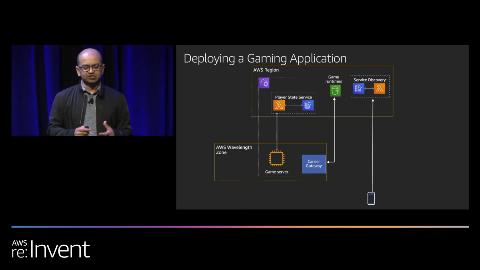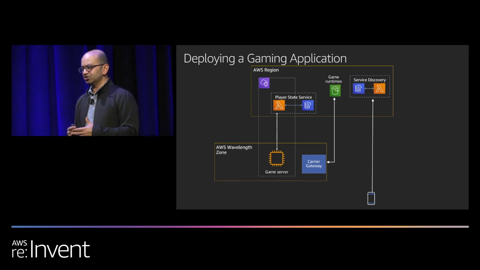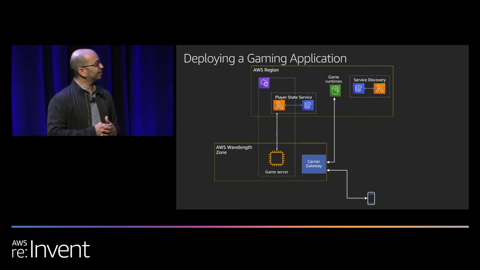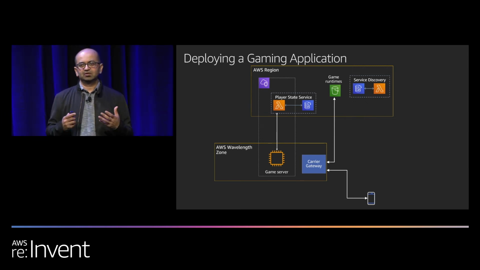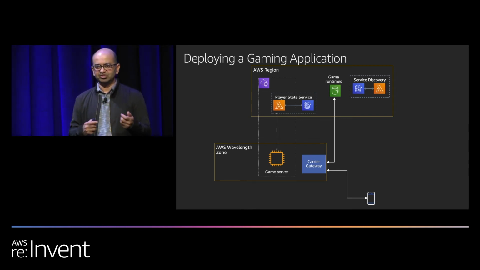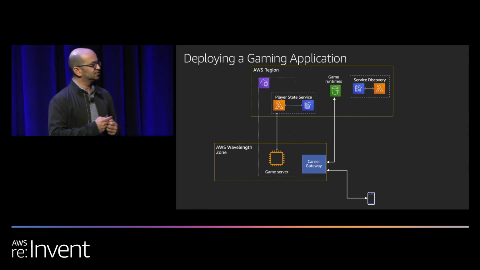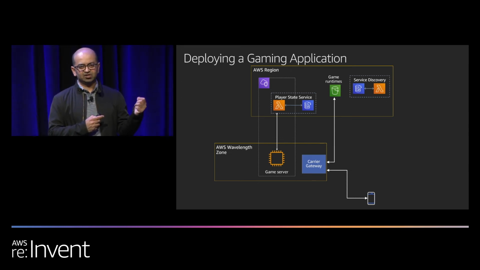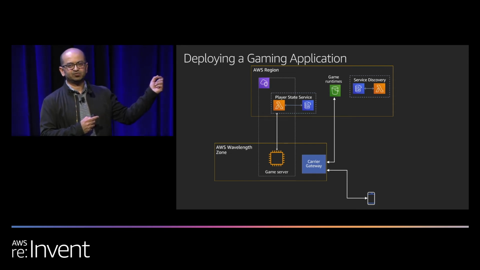So when a mobile device wants to run the game, it will query the service discovery, which will return the appropriate wavelength zone and the instance to connect to for achieving the latency that's desired. And then the CSP network will route that device through the 5G access network via the carrier gateway to the right instance.